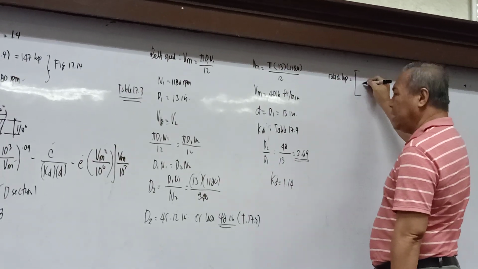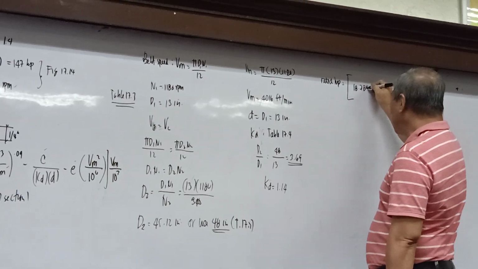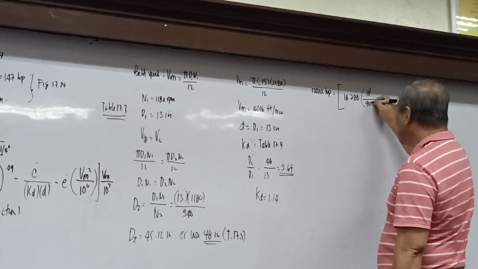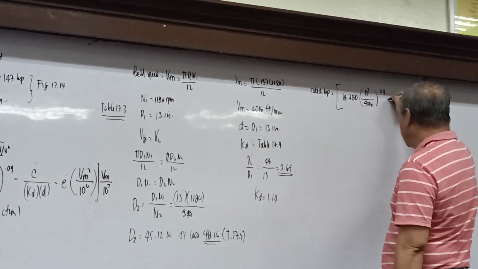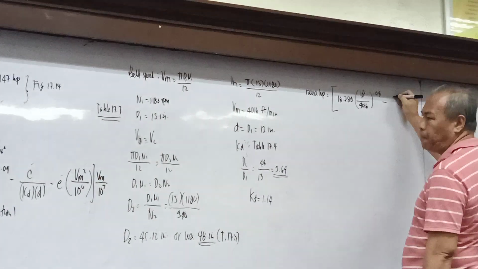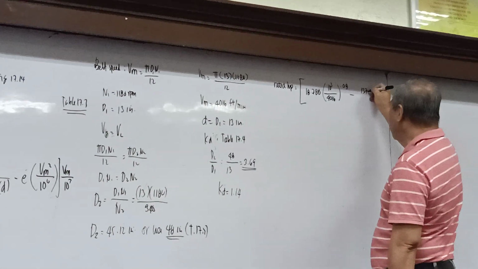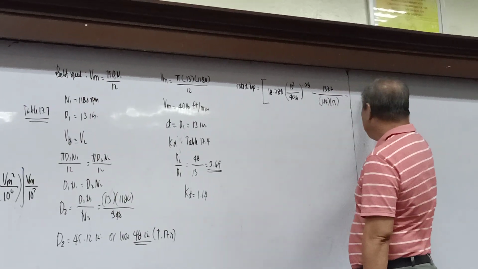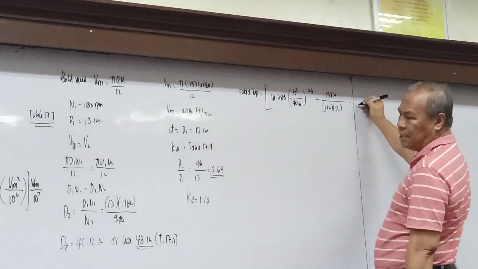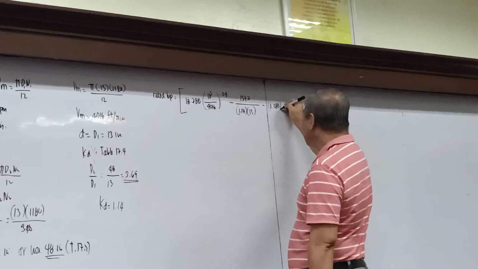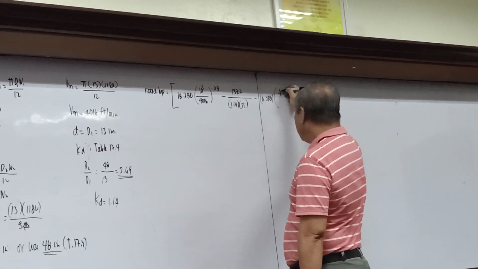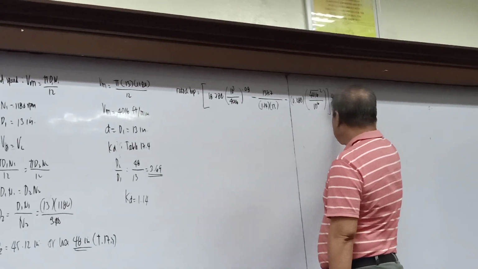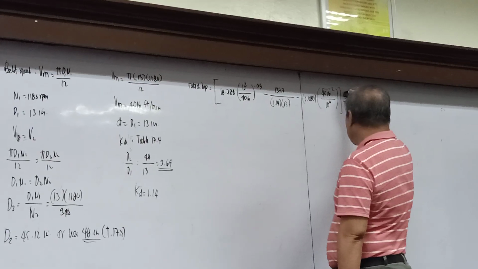Ang A natin ay 18.788 times 10 to the 3 all over 4016 raised to 0.09, minus C, which is 137.7 all over KD 1.14 times 13, minus E, ang E natin ay 0.088, times the quantity Vm, 4016 squared all over 10 to the 6, times 4016 all over 10 to the 3.